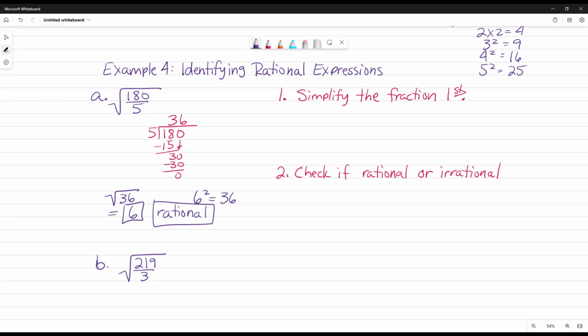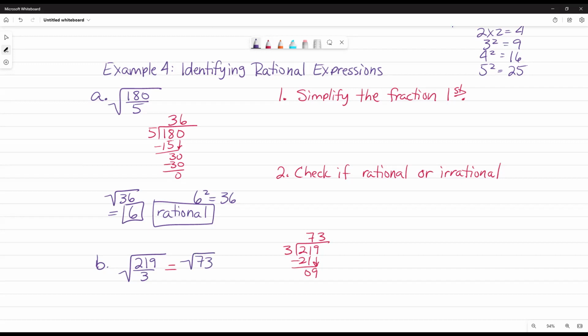We can find out because we add the digits. So 2 plus 1 is 3. 3 plus 9 is 12. So 3 definitely goes into 12. Therefore, it goes into 219. So let me go ahead and do the math here. So 3 into 219. 3 goes into 21 7 times, no remainder. So bring down my 9, and 3 goes into 9 3 times. So this gets me the answer, square root of 73.